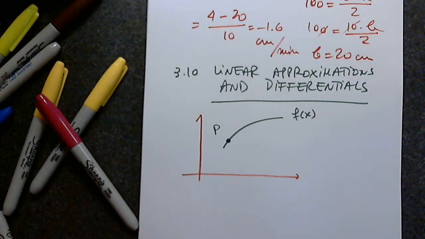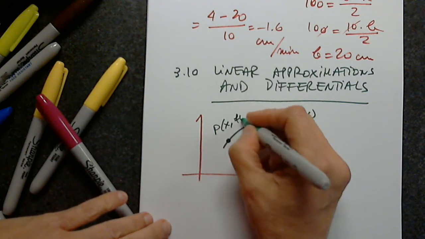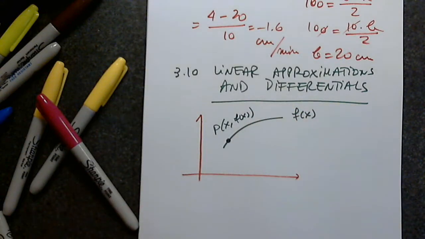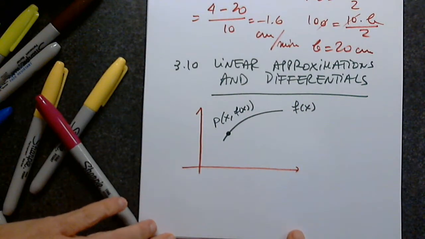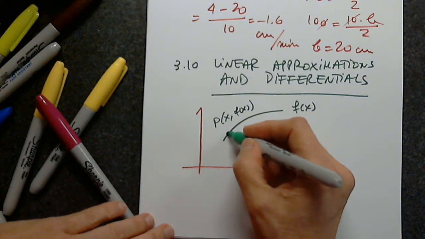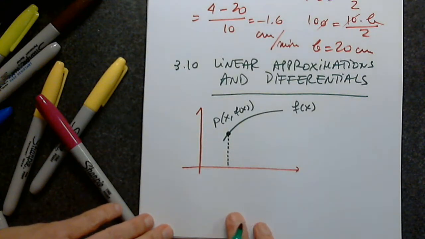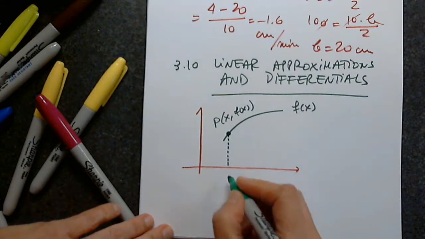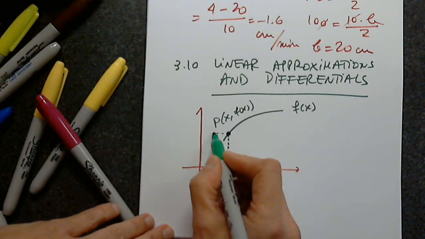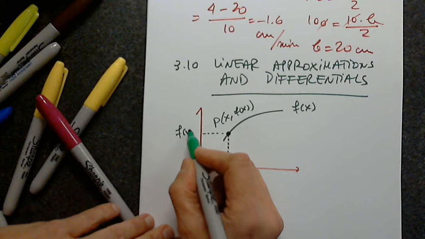P, of course, of x comma f of x. It's all the same so far. Of course, this is x. And of course, this is f of x.